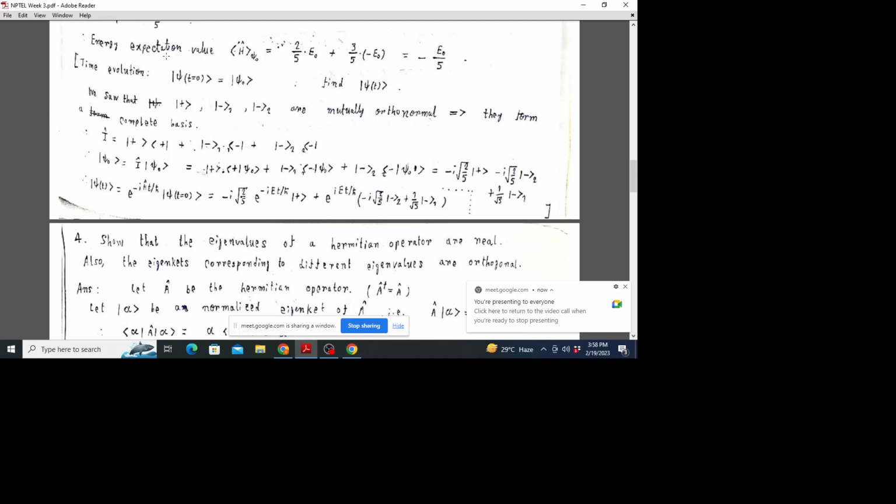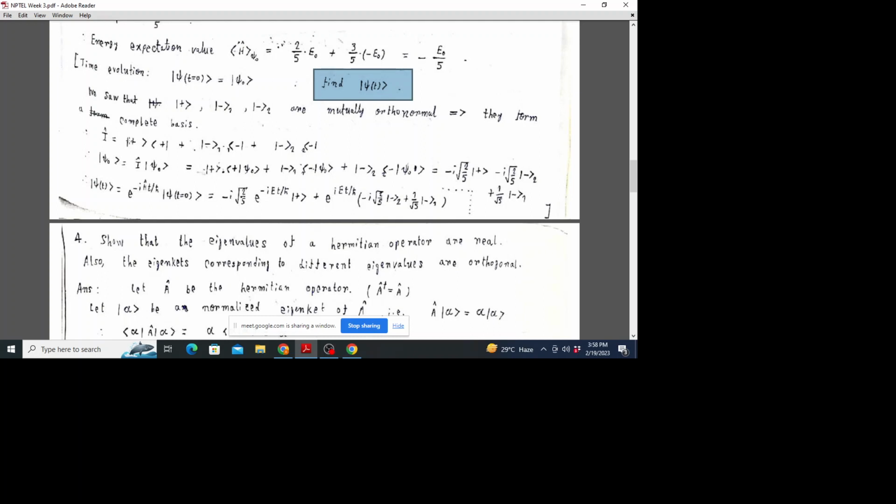So the problem statement is: you are given psi at time t equal to 0, which is psi naught, that we are given already, and you also know the Hamiltonian that was given in the beginning. We need to find psi at an arbitrary time t. The initial value of psi is given, and we have to find psi at an arbitrary time.